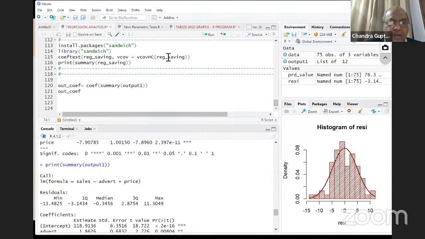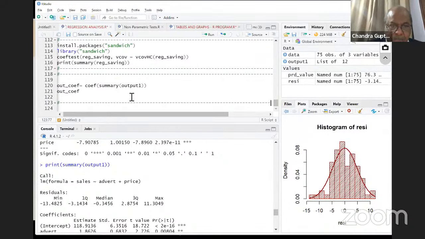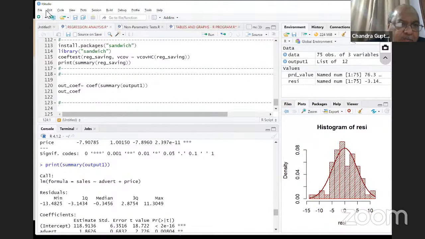I think let me take a completely new exercise here and see what we can do. So I import a file, an Excel file.